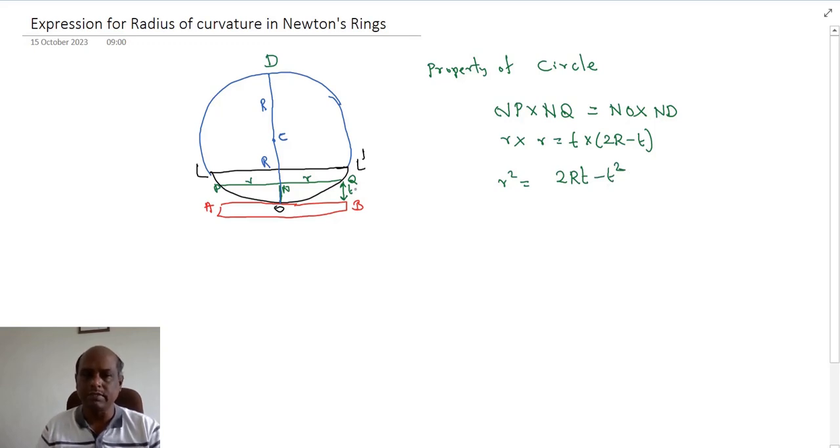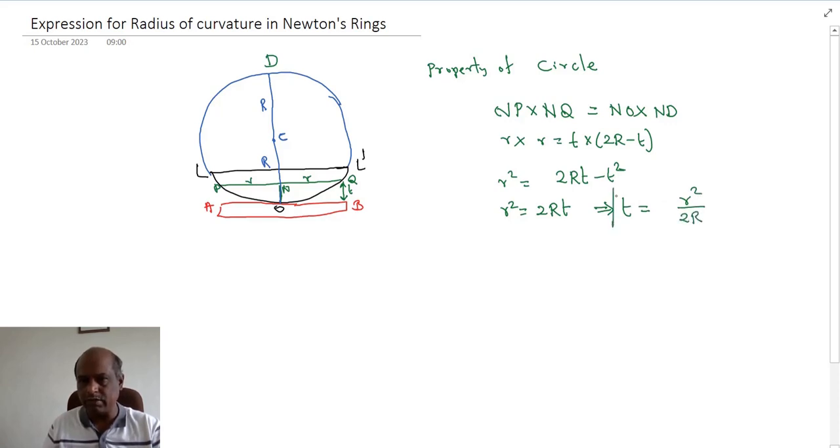As the thickness is very small, we can ignore T square in the expression, and we can write r square is equal to 2RT. From this, the thickness T is equivalent to r square by 2R.